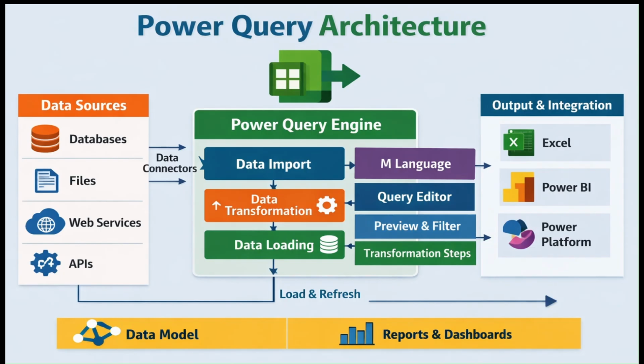F sharp is basically a functional programming language in .NET. M stands for mashup, meaning it is basically meshing up the data, combining data from multiple sources into a single unified view. Basically, M script makes the data preparation refreshable and reusable. I will show you exactly when we go through the practical with an Excel file.